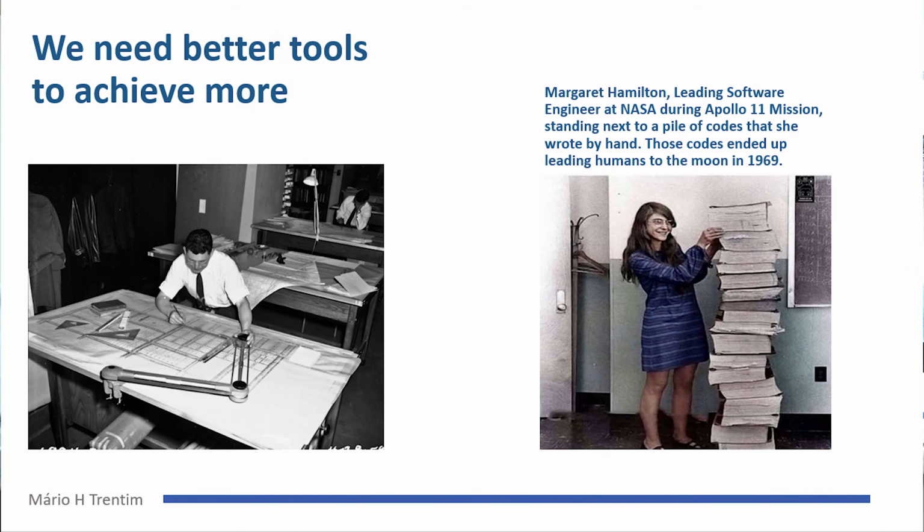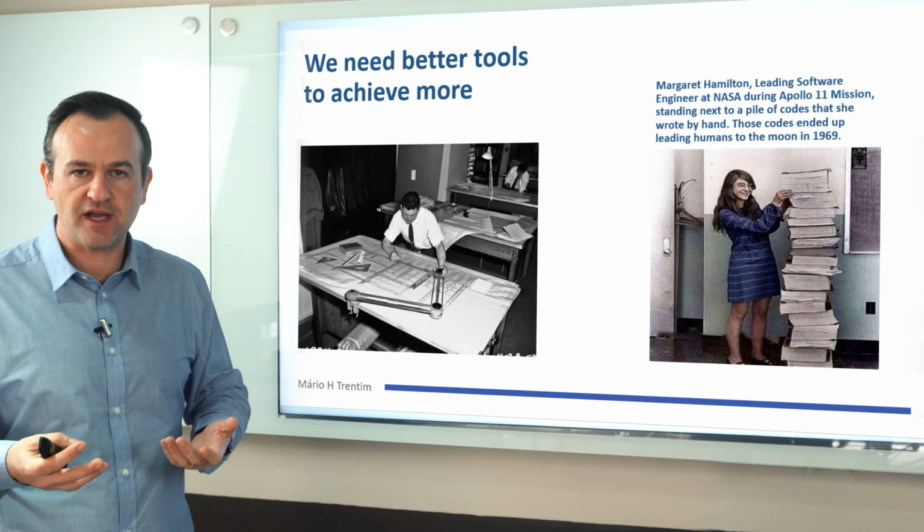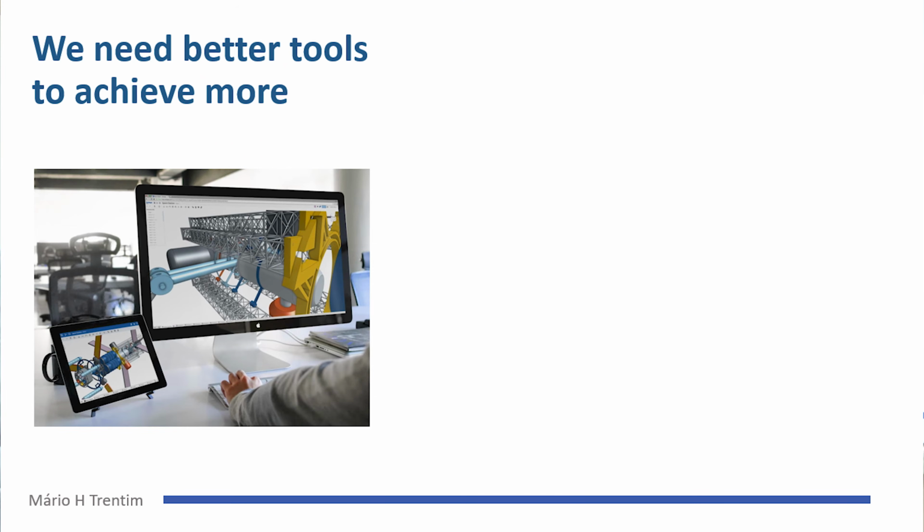If you want to write code by hand, you can do it, but it will take a lot of people and a lot of time. You can do software engineering projects like this, but it will take a lot of time. So using the proper software tools makes you more effective and more competitive.